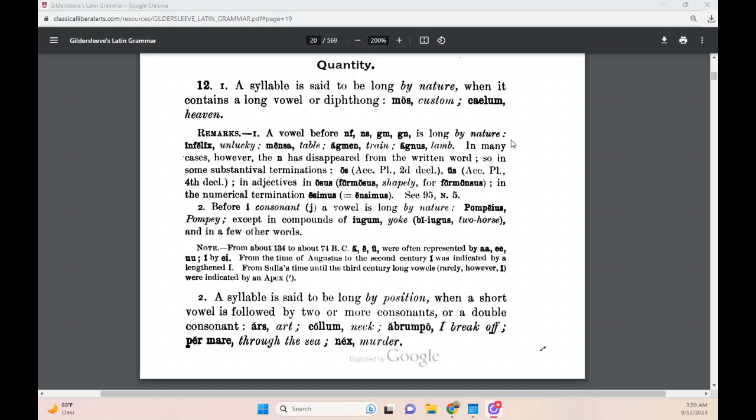So a vowel can be long by nature, and if a syllable contains a vowel that's long by nature, that syllable will be long by nature. So just realize that we're using this phrase, long by nature, to talk about syllables in some of these sentences and about vowels in other sentences. So don't get that confused, okay?